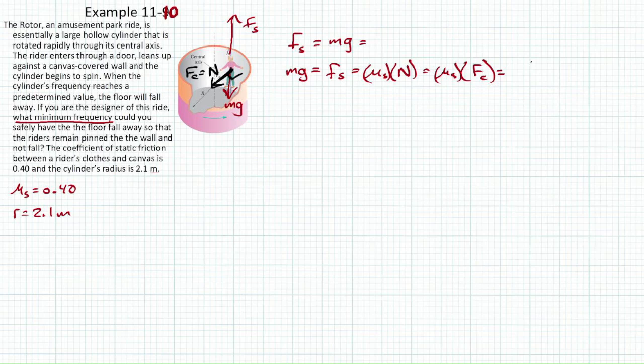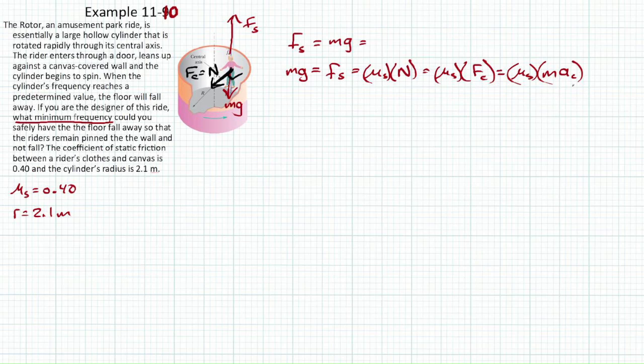And again, guys, this is part of solving these types of problems: to know what things are equal to each other and to state them in a number of different ways so that you can find relationships and solve for what you need. So this is just like saying coefficient of static friction, that doesn't change, times the mass of the person times the centripetal acceleration.